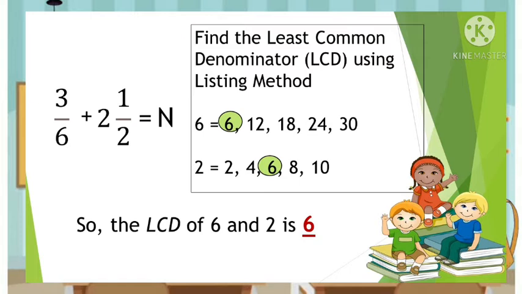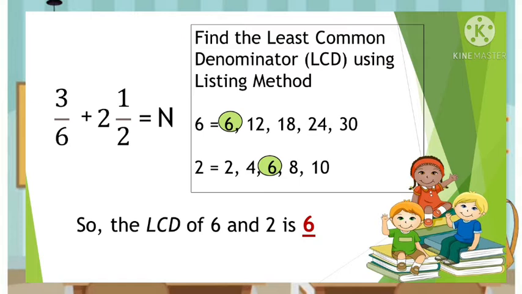Now, to add the dissimilar fractions with and without regrouping, we have the first step. First, change the dissimilar fractions into similar fractions by finding the LCD.